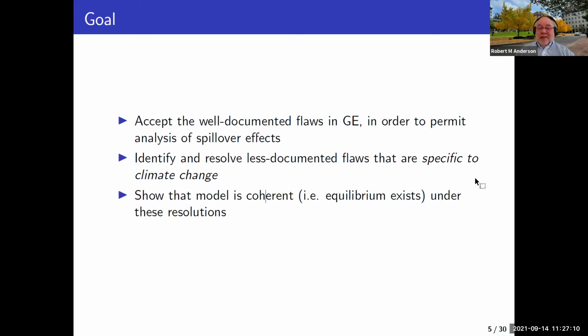So we want to identify what's been inappropriately assumed that's specific to climate change and resolve that to the extent possible, and then show that the model we get is coherent, by which we mean we can prove there is an equilibrium. And that also tells us that the computable GE models can find the equilibrium in a computationally relatively efficient way.